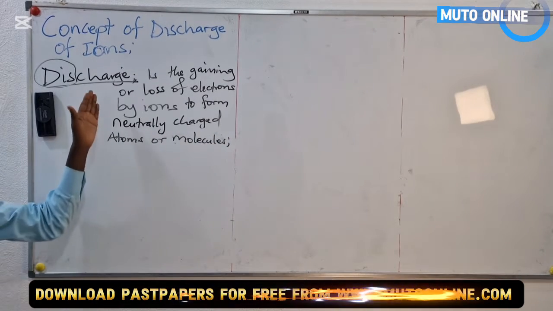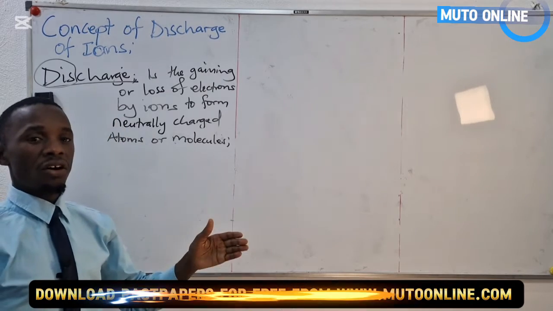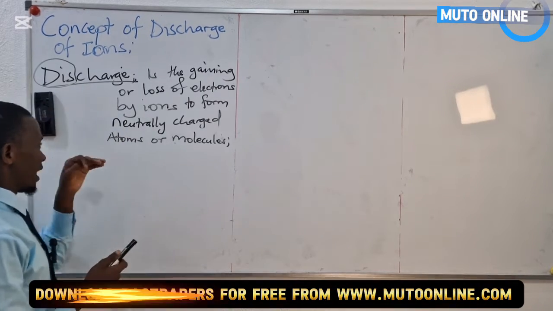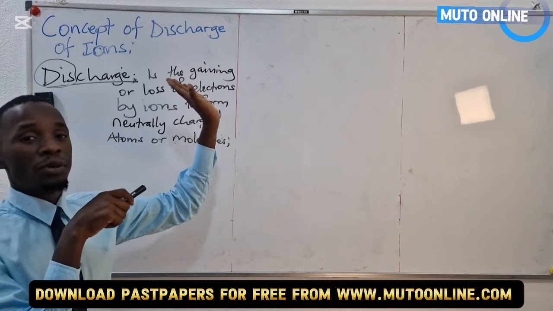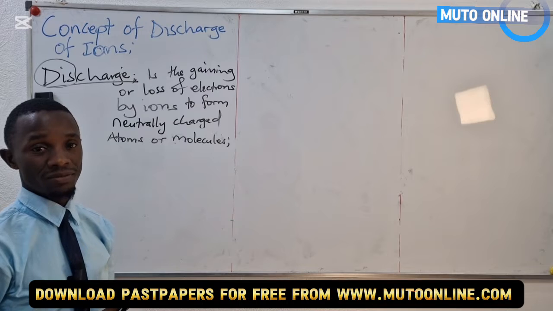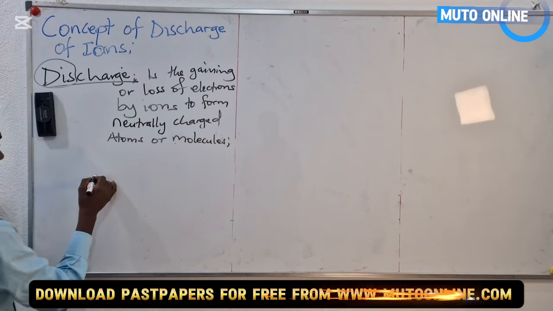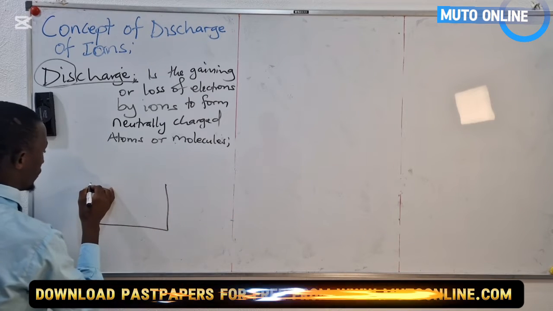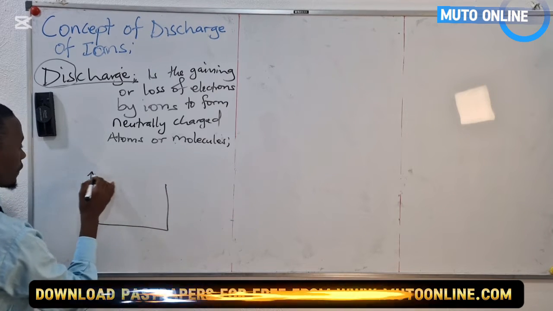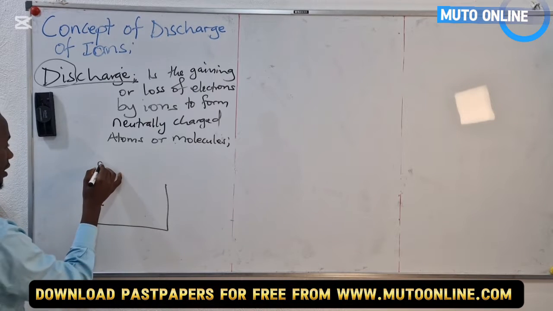Remember, this process of discharge is going to occur only when the formed ions migrate to the oppositely charged electrodes. Let us assume we have an electrolytic cell with two electrodes.